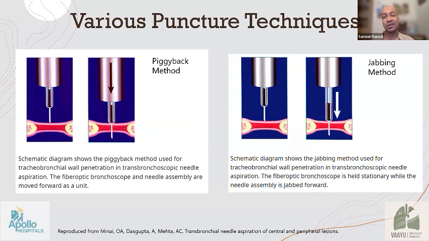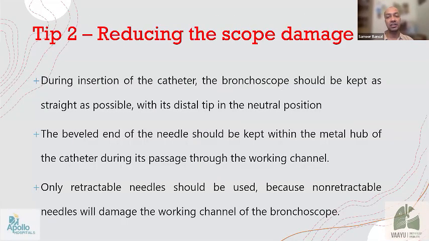So, typically, you can select which method to use. Both may be worthwhile. Sometimes when patients are only given local anesthesia, they're awake. Dr. Atul Mehta has also described the cough method, that you put the needle over there and ask the patient to cough, and immediately it penetrates. But I would generally recommend either a piggyback or a jabbing method for this.